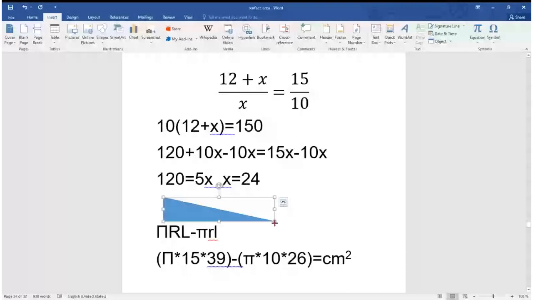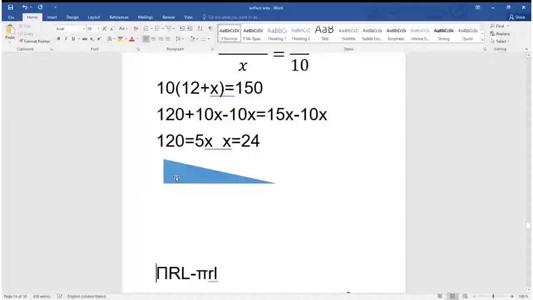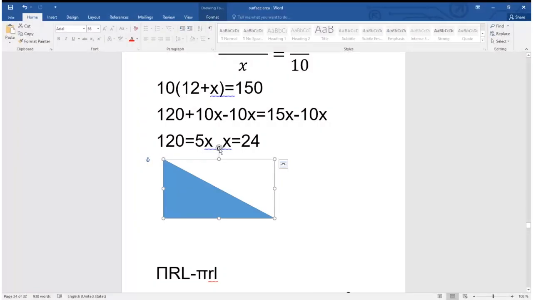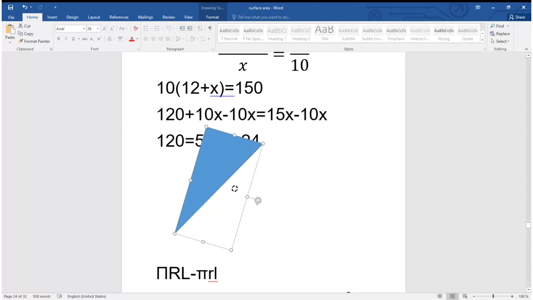I need to make this one bigger. Then I rotate it so that we can look where I want. There you are. Okay, so I have the height.